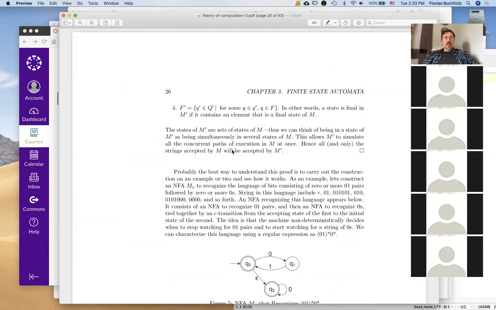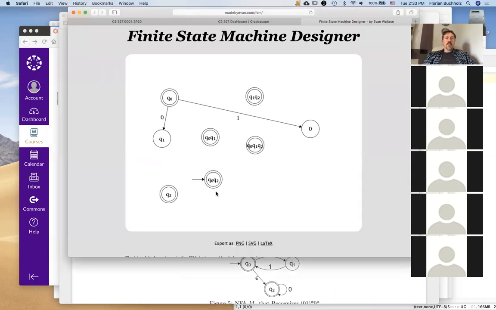More interesting, though, are the ones where we have multiple things going on. So if you look at Q0, Q1, how do we determine the transition for that? Well, we have to look at both Q1 and Q0. And then the epsilon closure also matters. So let's say we observe a 0.